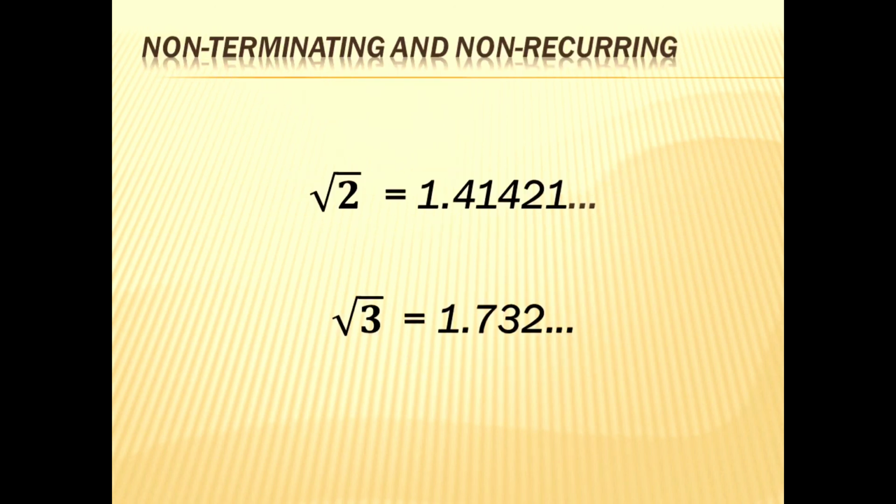That is, root 2 is equal to 1.41421 and so on, and root 3 is equal to 1.732 and so on. These two decimal forms are non-terminating and non-recurring. That's why these numbers are irrational numbers.